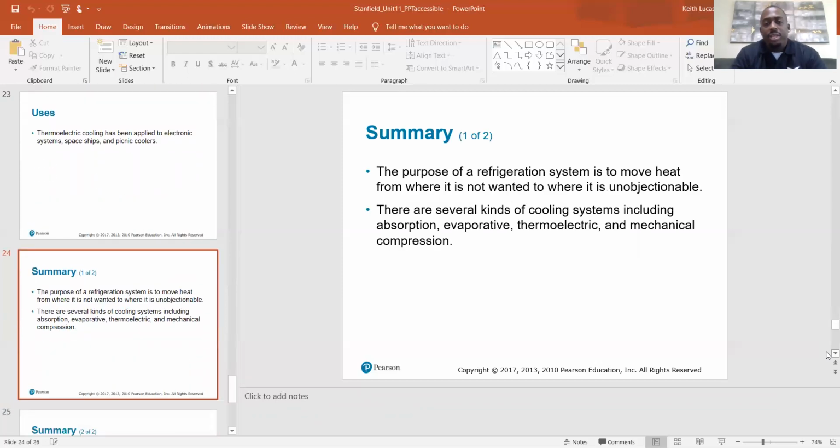So in summary, the purpose of a refrigeration system is to move heat from where it is not wanted to where it is unobjectionable, or where it doesn't matter. There are several kinds of cooling systems, including absorption, evaporative, thermoelectric, and mechanical compression.